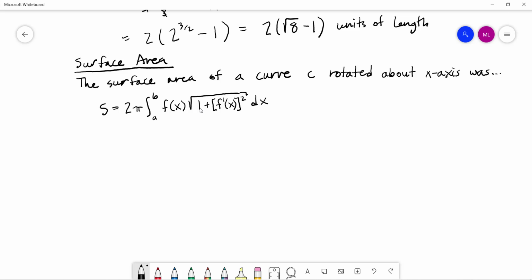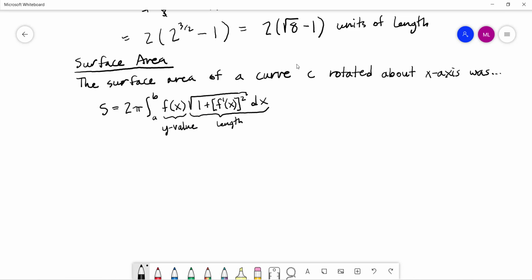So if we keep in mind what we're trying to do here, all the same changes that we were just making, this portion was meant to represent something that gives us our little bit of arc length. So this has units of length. This is essentially just the y value. It's the y coordinate, the height of our curve. But now the height of our curve is given by y of t.